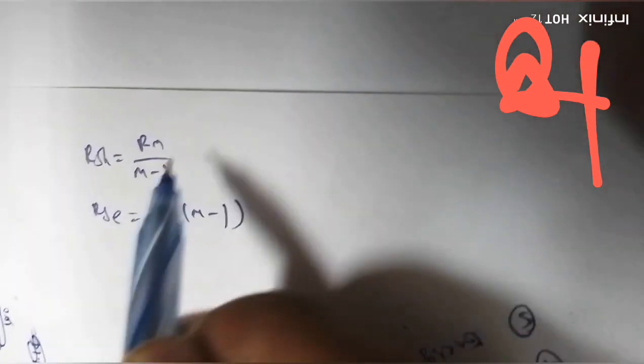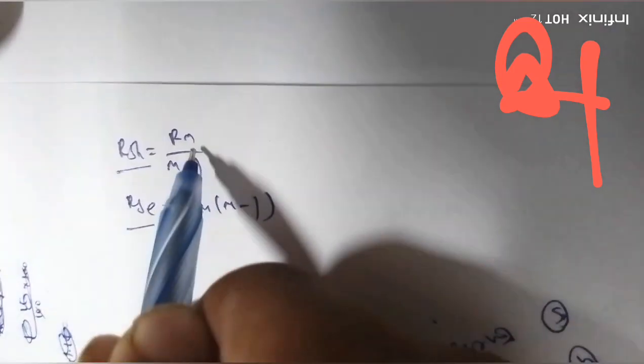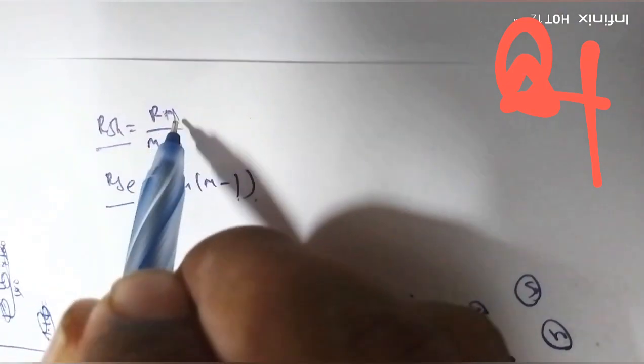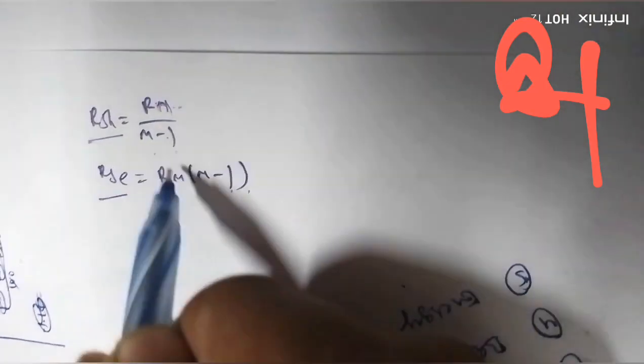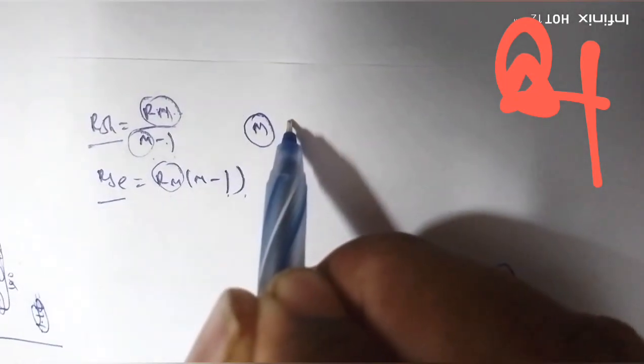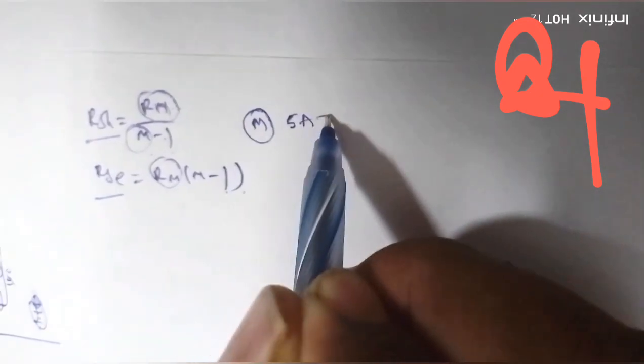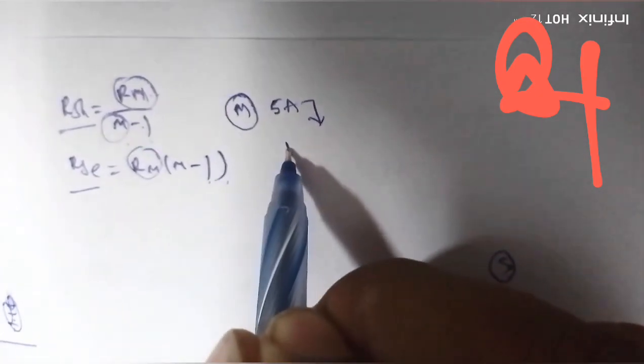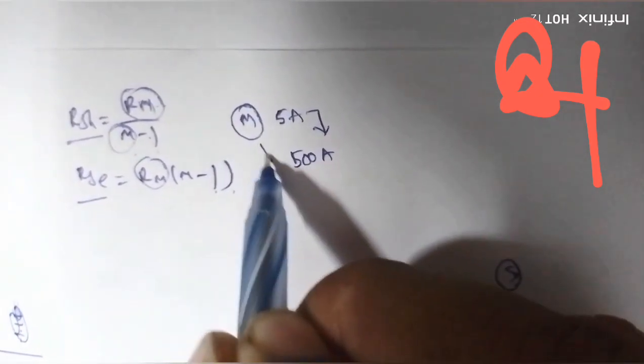The formulas are these two. These are for extension of a given instrument range: RSH, RSC, Rm by m minus 1, Rm into m minus 1. Rm means given meter resistance. M means, suppose the existing meter is designed for only 5 amps and I want to measure 500 amps using this meter.